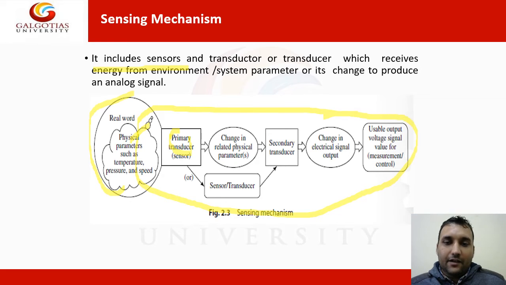Then this secondary parameter is processed in the secondary transducer. Then there is a change in electrical signal output. This change in electrical signal output is measured using the measurement control system, which gives a deflection value or a value on the screen. So this is the sensing mechanism which works behind the sensor and transducer.